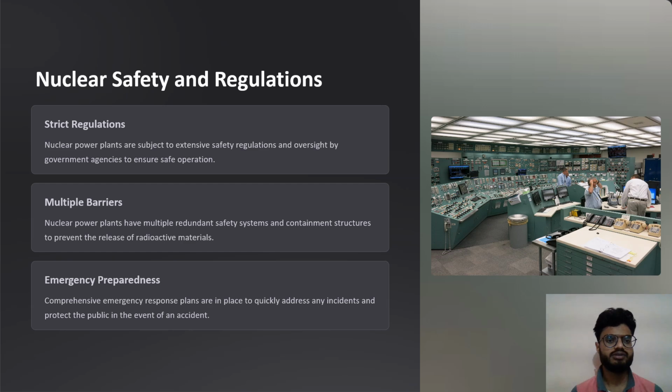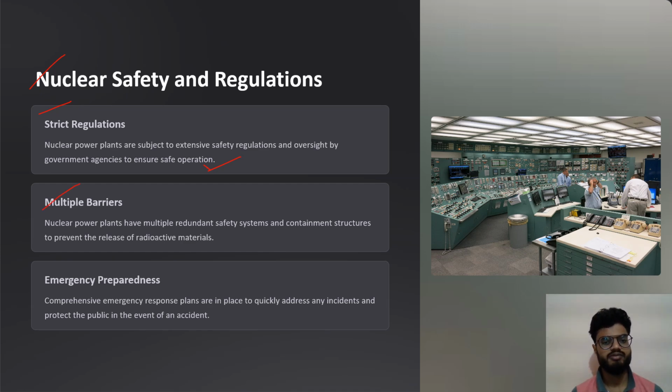So there is nuclear safety and regulations. Strict regulations are kept, like nuclear power plants are subject to extensive safety regulations and oversight by government agencies to ensure safe operations, like only officials authorized by the government of India or the governments of other countries can handle these nuclear power plants. And there are multiple barriers.